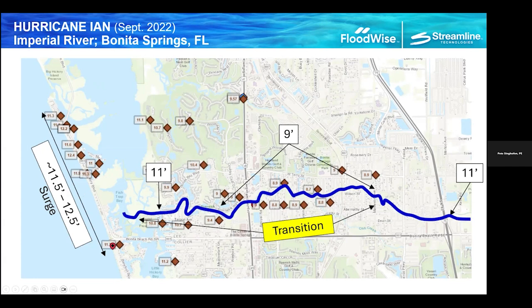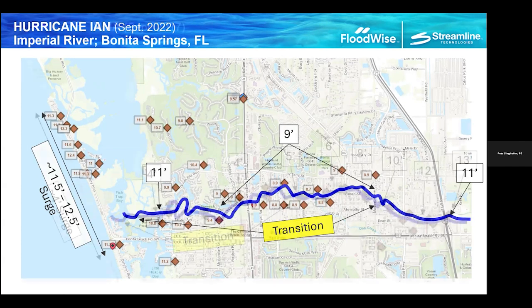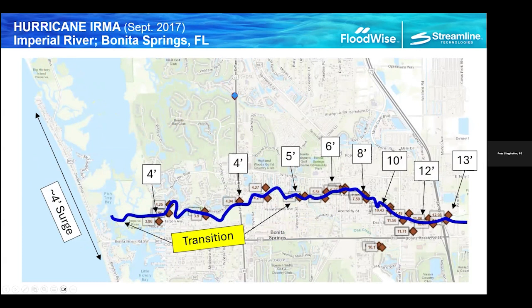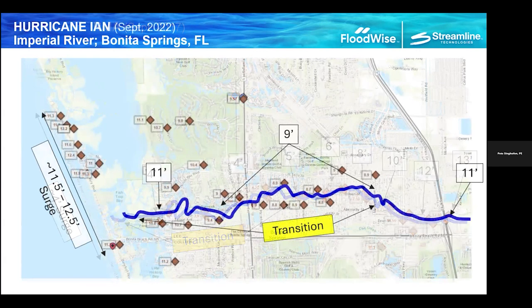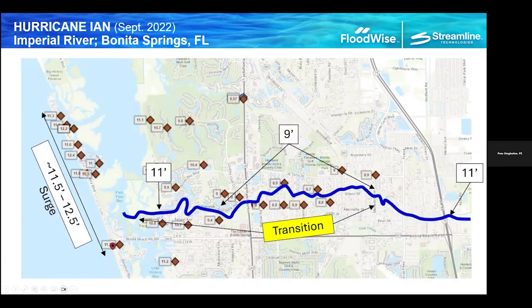But the water level just east of I-75 was a couple of feet lower than it was for Hurricane Irma. Let me go back to Irma. Irma was 13 here. Ian was 11. And at 11, there is some flooding, but nowhere near as bad as Irma was from the rainfall. So we had some short-lived flooding due to storm surge, but not very much due to rainfall.